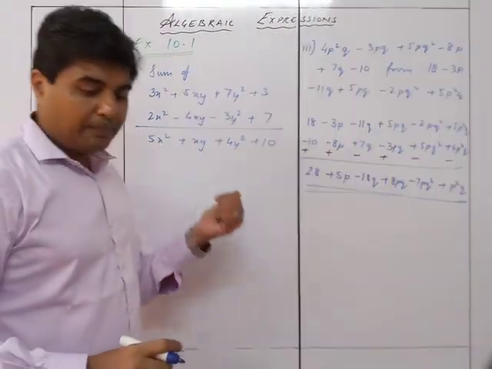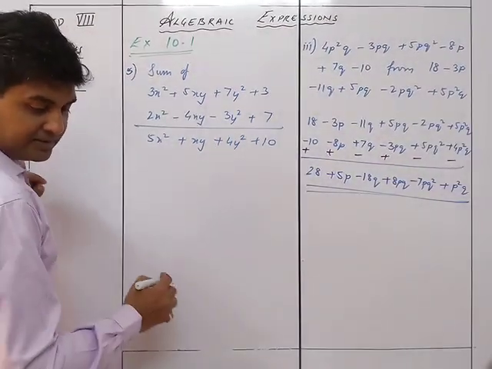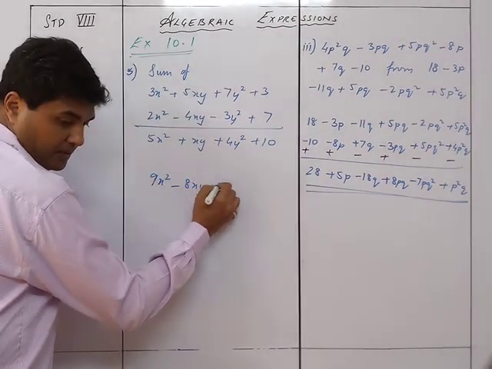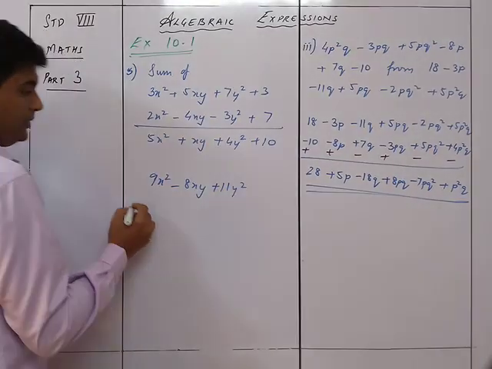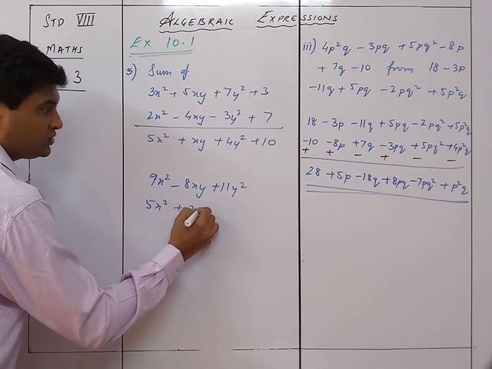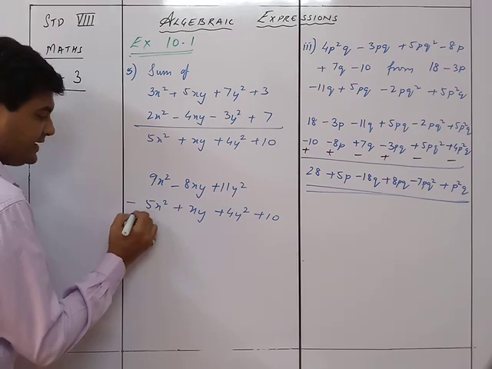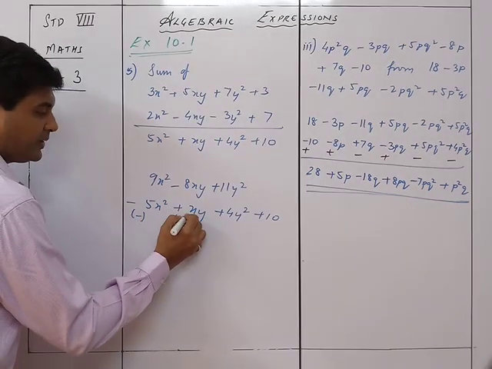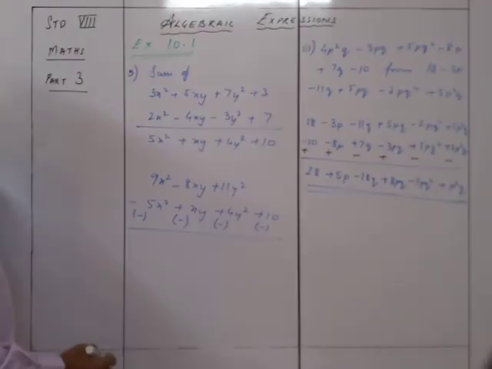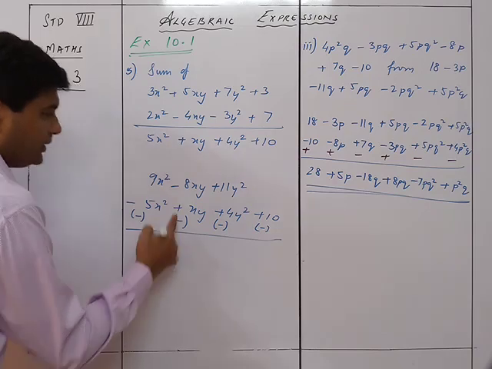Now this you have to subtract from something. What is that something? That is 9x square minus 8xy plus 11y square. So it will be minus 5x square plus xy plus 4y square plus 10. Now with the subtraction sign, this becomes minus, this becomes minus, this becomes minus, this becomes minus. So 9 minus 5 is 4, so 4x square.